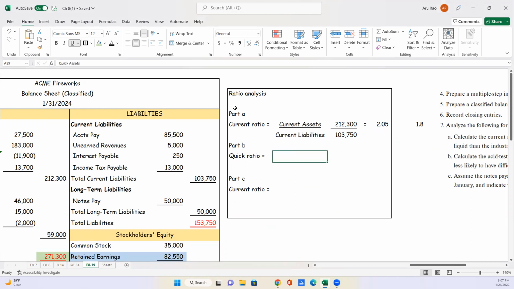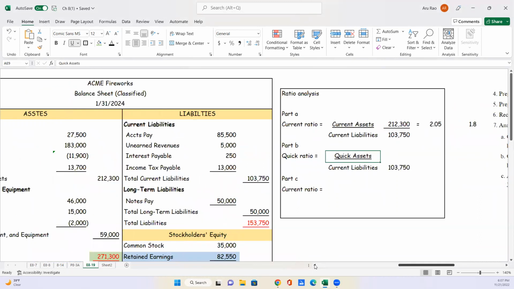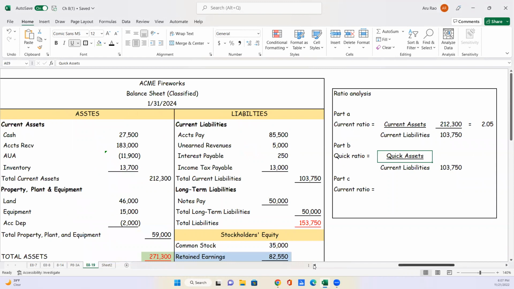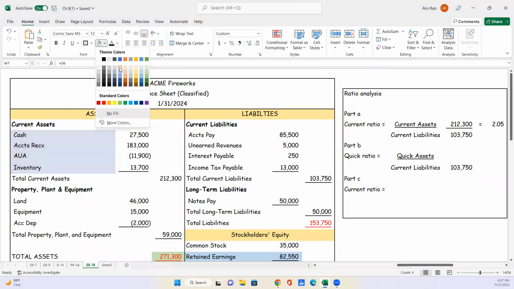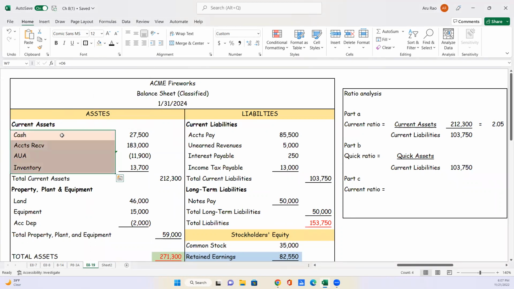Now, quick ratio is quick assets divided by current liabilities. So I still have the same current liabilities in the denominator. In the numerator, let's take a look at those current assets: cash, receivables, inventory.